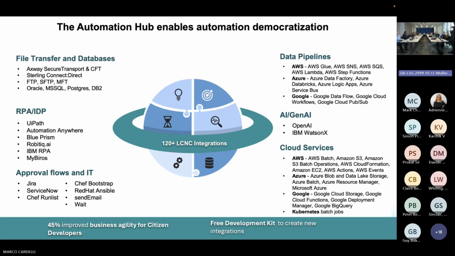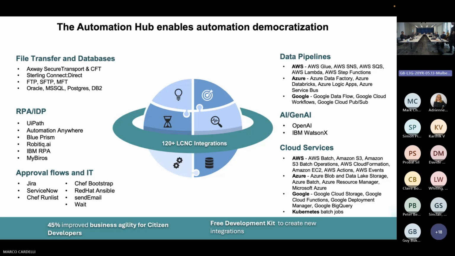Moreover, the cloud services and specifically data pipelines in the cloud services. And the new category is Gen AI services. So we provide a connector for OpenAI and also a connector for IBM watsonx. So you can define flows, job streams, where you can invoke a Gen AI cloud service and perform one of the functionalities that they provide, for example, analyzing documents or other capabilities.